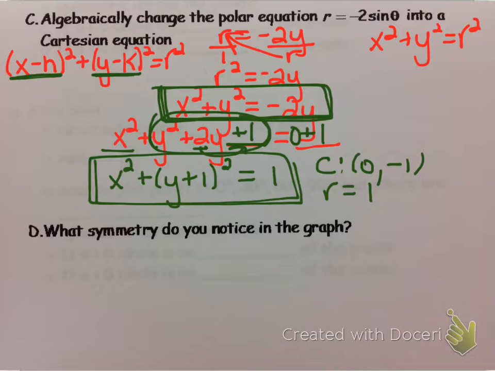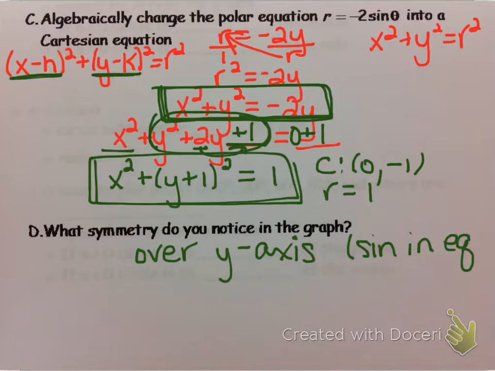So this circle has symmetry over the y-axis, and it has symmetry over the y-axis because of the fact that there's sine in the equation. Now, does anybody know why the circle happened to shift down instead of up?